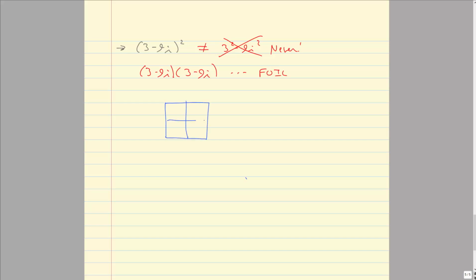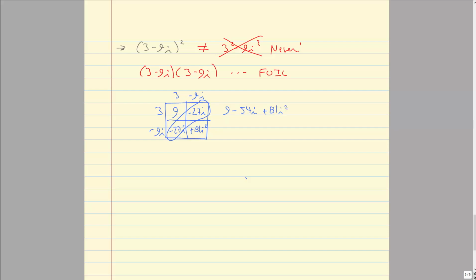So this is going to be 3 minus 9i, 3 minus 9i. So 9, negative 27i, negative 27i, plus 81i squared. 9 minus 54i, the 54i comes from combining this diagonal, plus 81i squared.